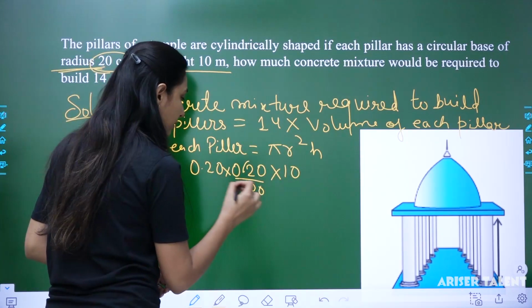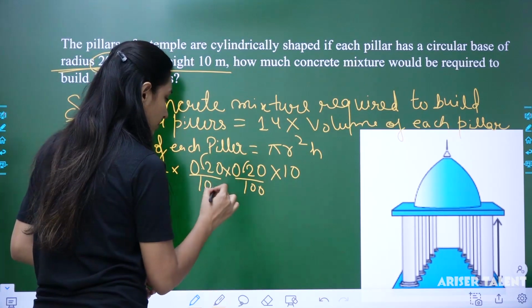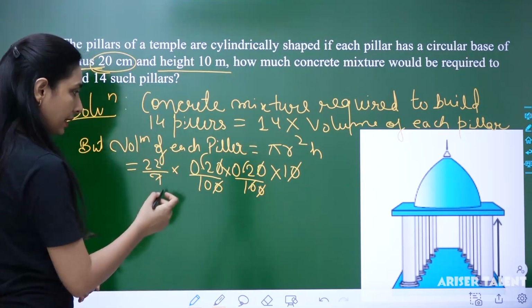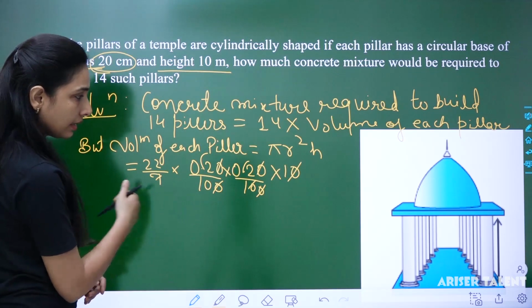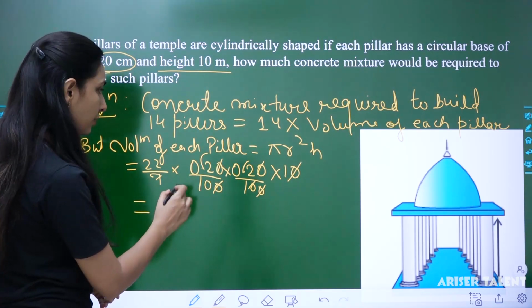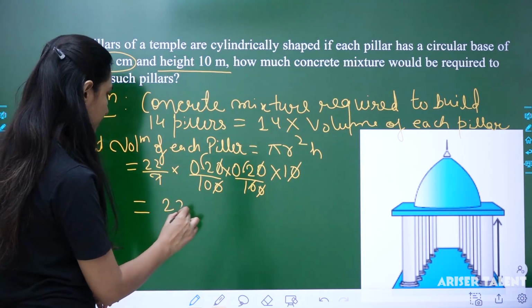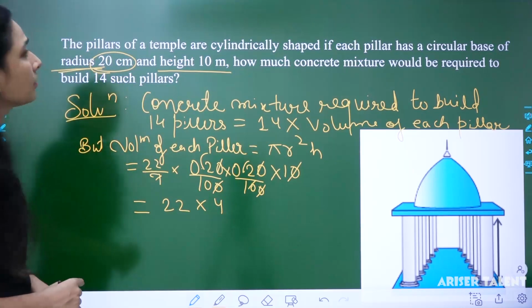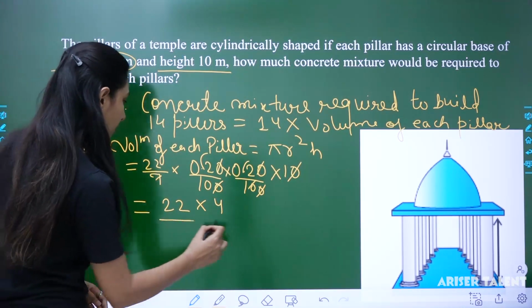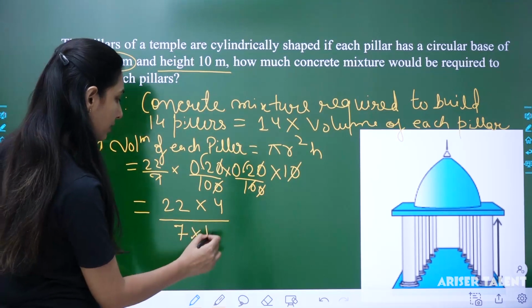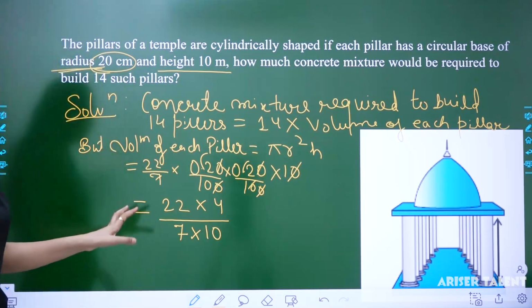Remove the zeros here, and we have 7 here. That will be 22 here, multiplied by 4 here, and 7 multiplied by 10.